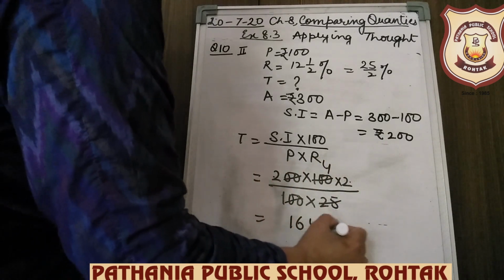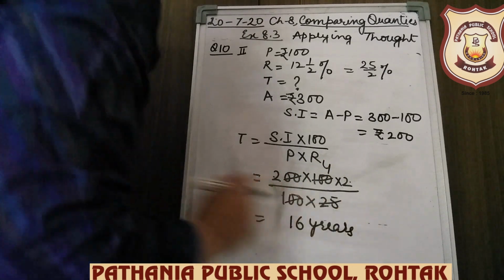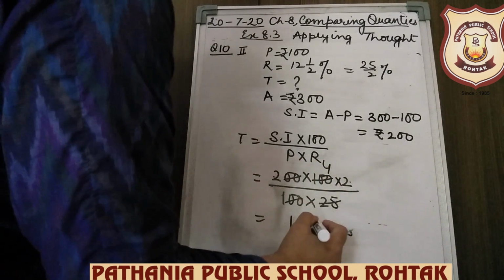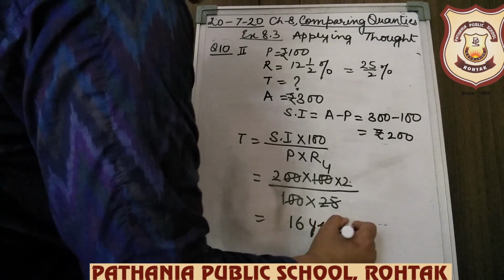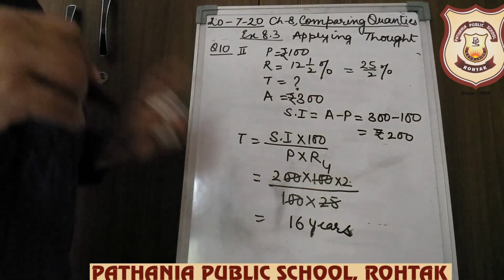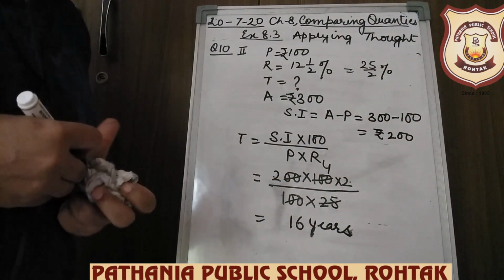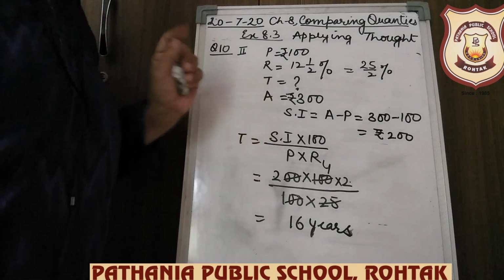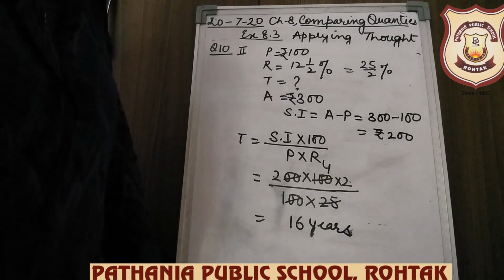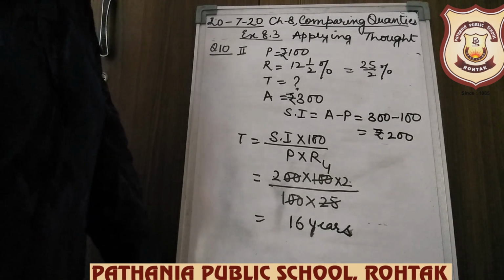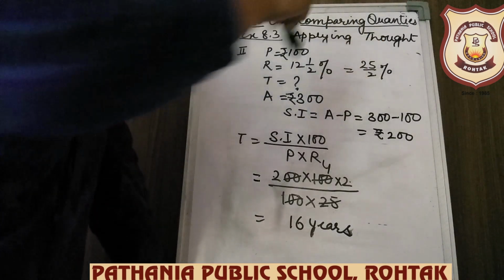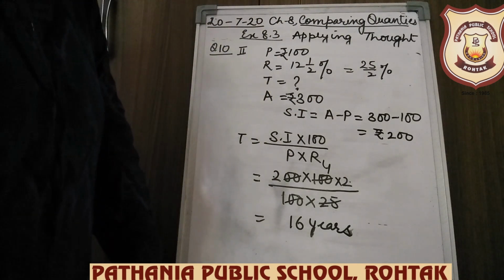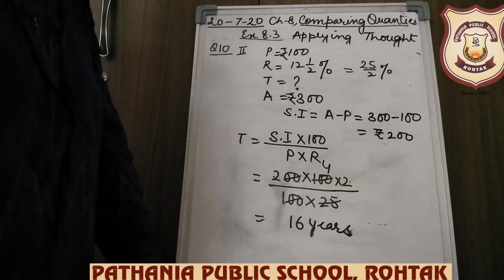So in 16 years, the principal will become 3 times, the amount you will get 3 times after 16 years at a rate of 25/2 or 12.5%.